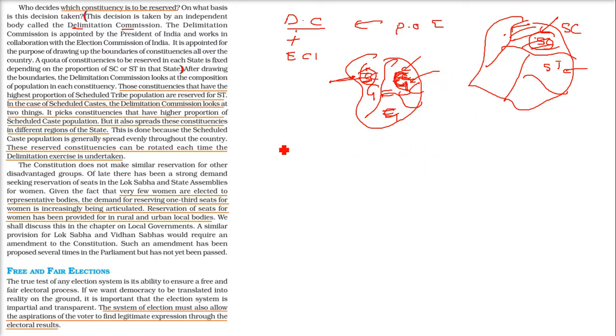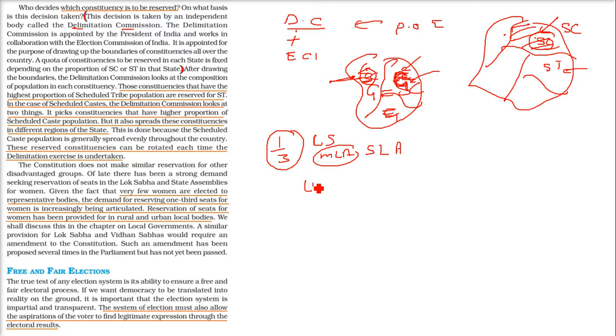And we have also seen that very few women are elected in representative bodies, that is MLAs and the Lok Sabha, etc. So certain people are raising their voice to give at least one third of seats to women candidates in the Lok Sabha and the state legislative assembly.